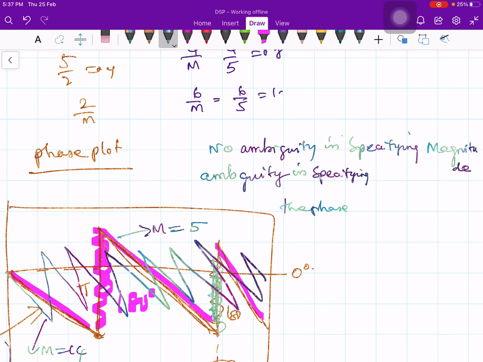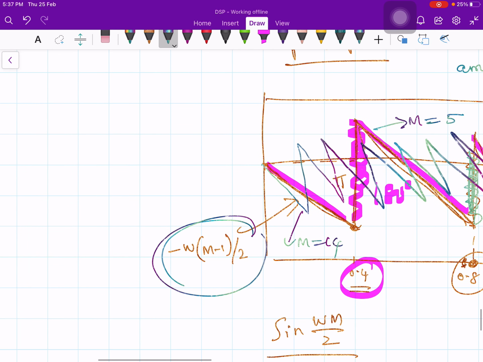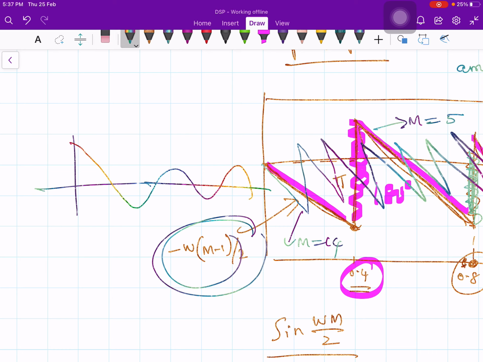Okay, because you have the exponential term, and also at every zero crossing of your sin(omega M by 2) divided by sin(omega by 2), there is a phase reversal. From here to here 180 degree, and from there 180 degree, and from there to there 180 degree. So that we need to take into account. Therefore in specifying phase, the transitions must be taken care of.